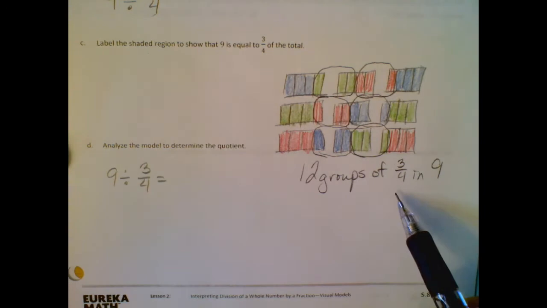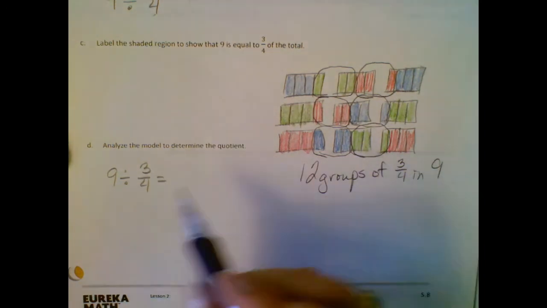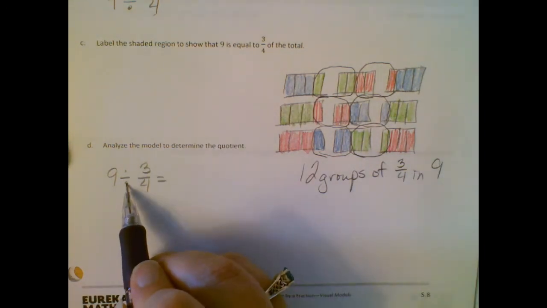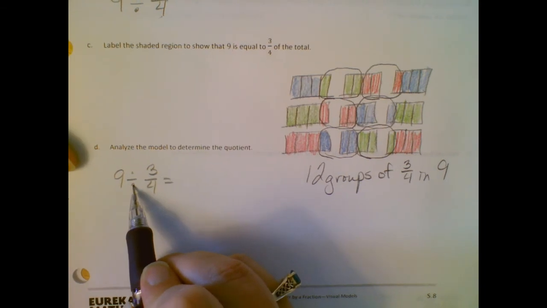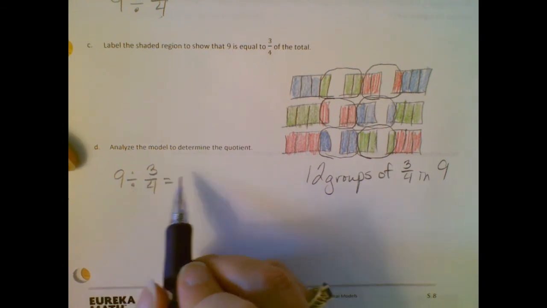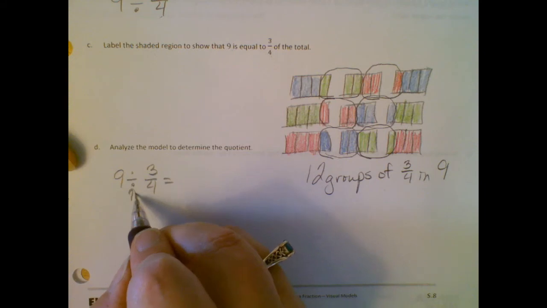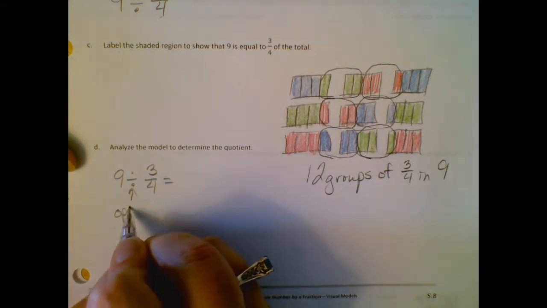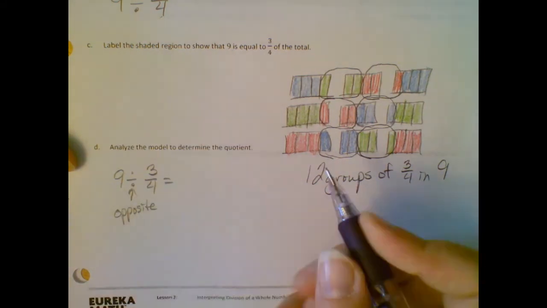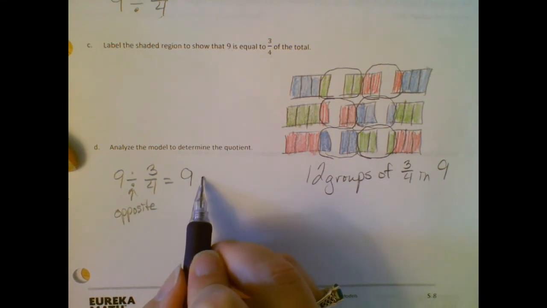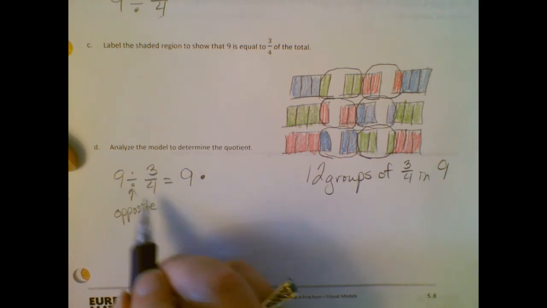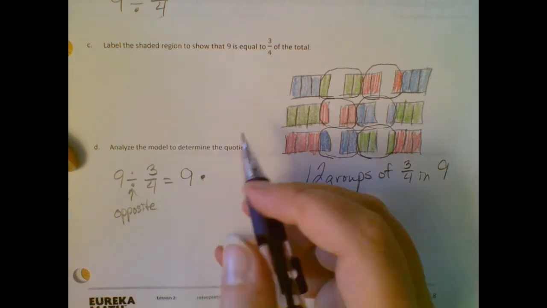So go back to the 9 broken into groups of 3/4, which notice we took 9 and we broke them into groups of 3/4. And as we've been learning, the inverse, the opposite of division is multiplication. So here is my opposite. Okay, so 9 times 9 groups of my first opposite. Divide becomes multiply.